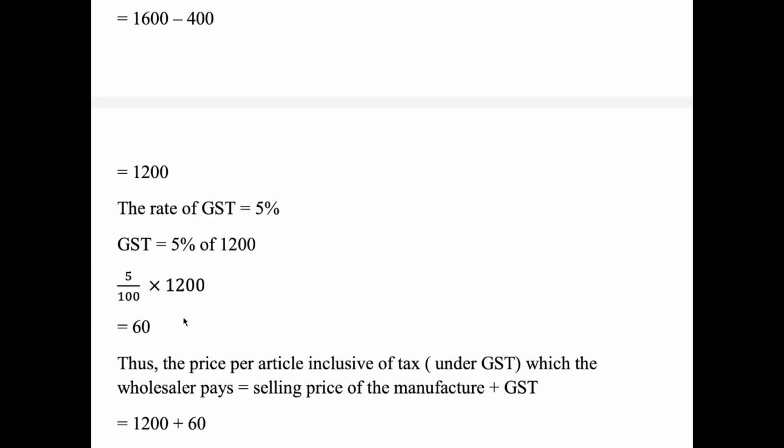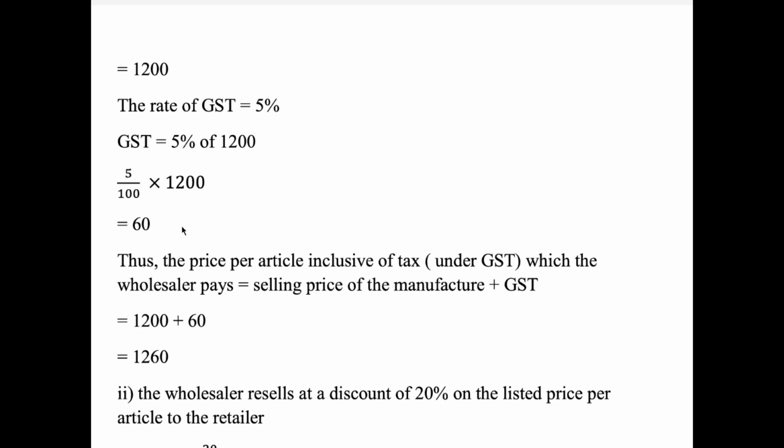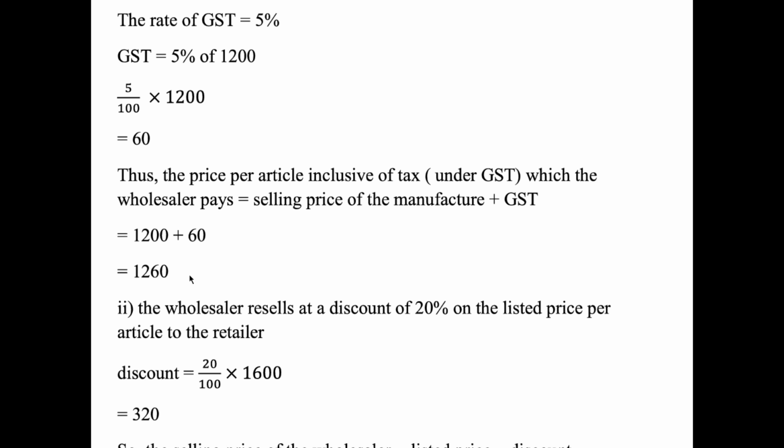Okay. The rate of GST is 5%. So GST 5% of that 1200 comes to rupees 60. Thus, the price per article inclusive of tax under GST which the wholesaler pays, that is selling price of the manufacturer plus GST, 1200 plus 60, is 1260.